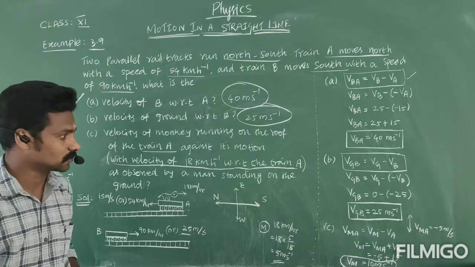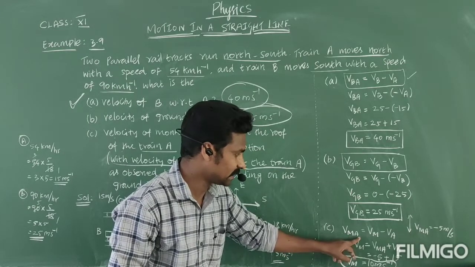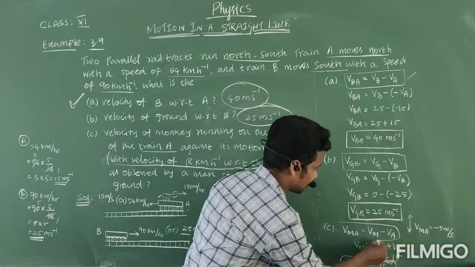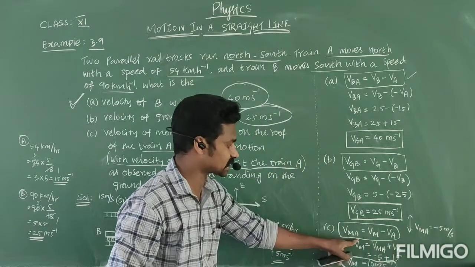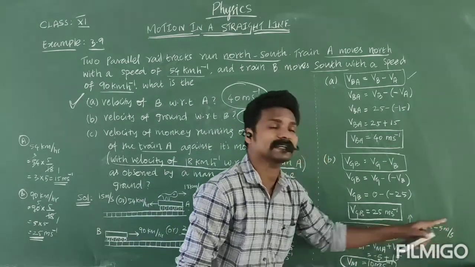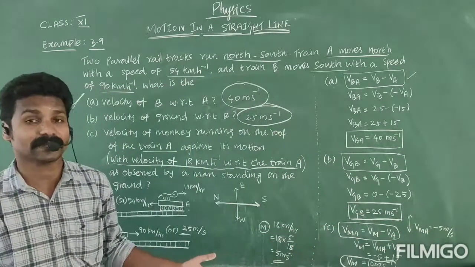Okay. So, velocity of monkey with respect to train A is Vm minus Va. This is given as 5 meter per second. But if you observe, I mentioned 5 meter, minus 5. How?